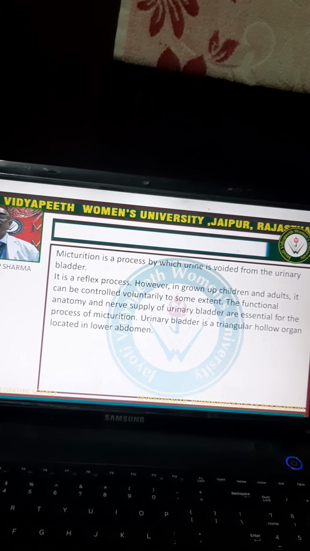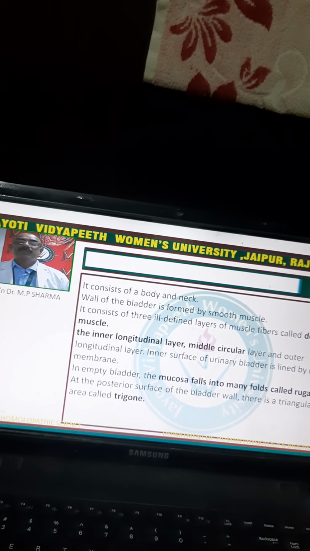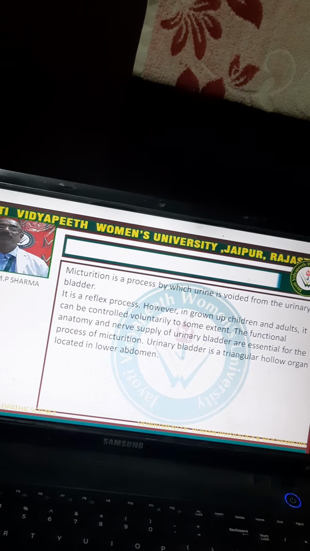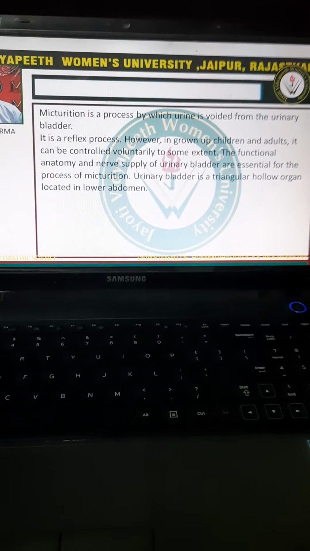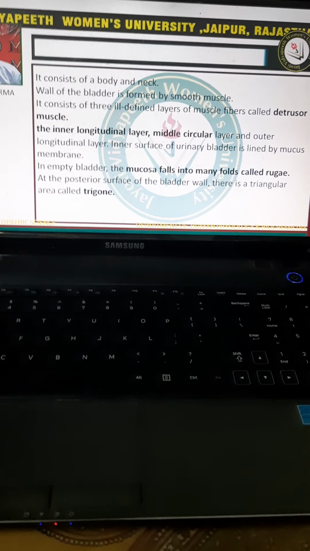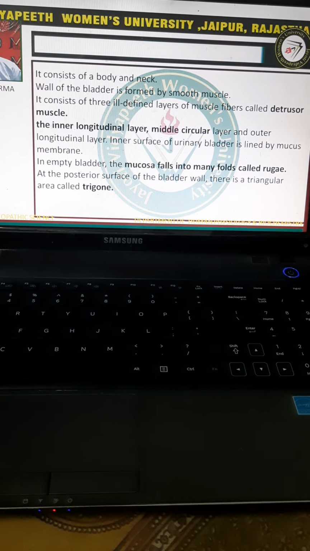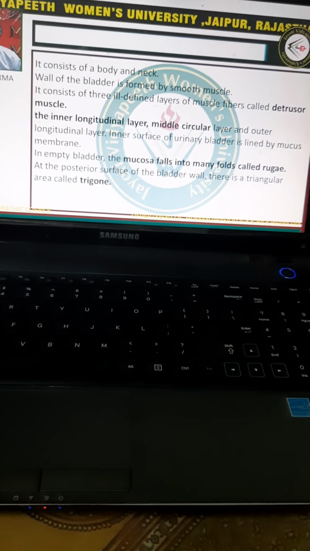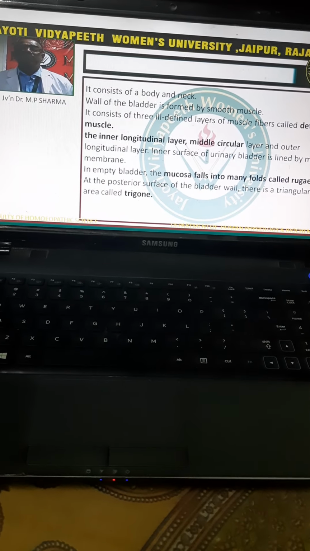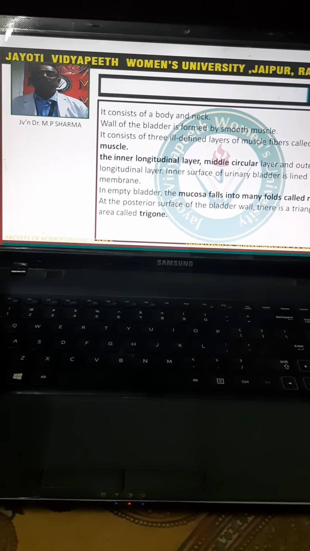The urinary bladder is a triangular hollow organ located in the lower abdomen. It consists of a body and neck. The wall of the bladder is formed by smooth muscle.